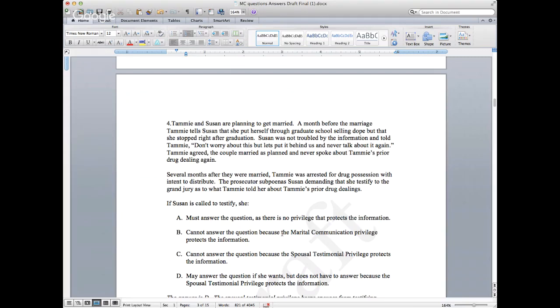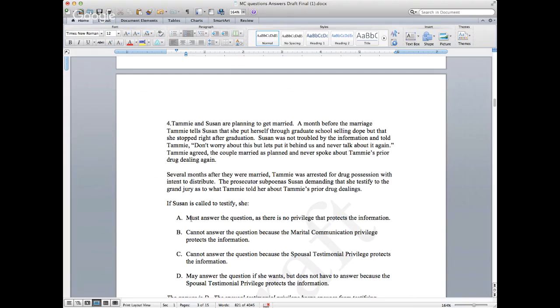So if Susan is called to testify, then obviously Susan could refuse to testify claiming spousal privilege because this is a criminal trial. So that's what we're looking for. Since this communication didn't happen during the marriage, the defendant, Tammy here, doesn't have the ability to call this privilege. It's only going to be Susan, because we're talking about spousal privilege and not marital communications.